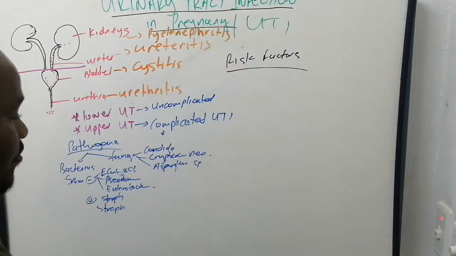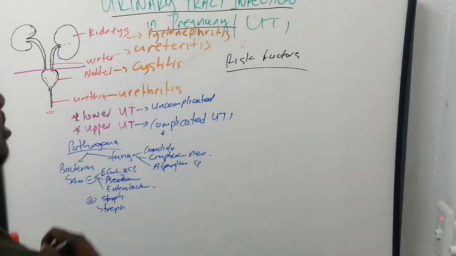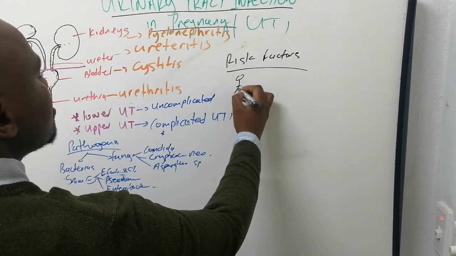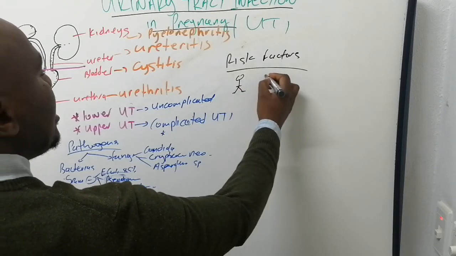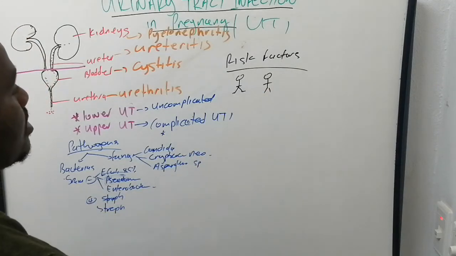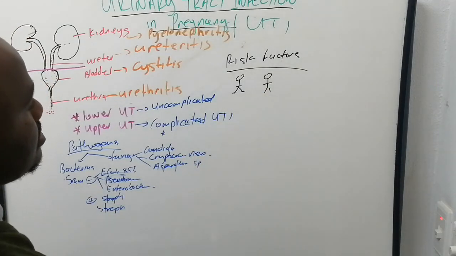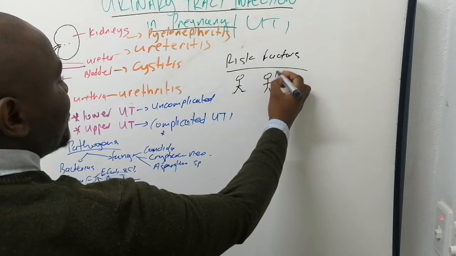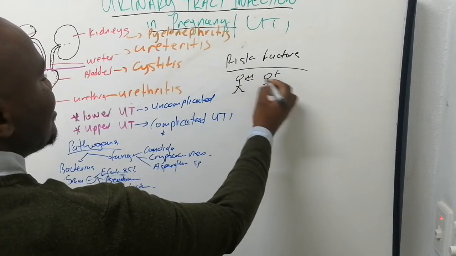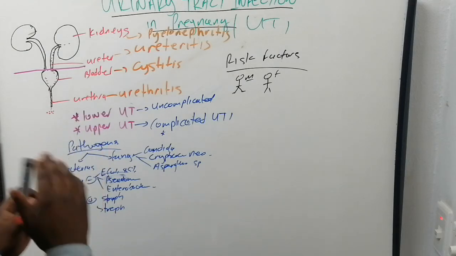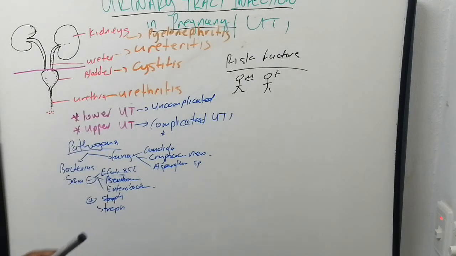So if you were to put a male and a female, this is going to be our female, and this is our male, the one who's likely to get a UTI is a female.